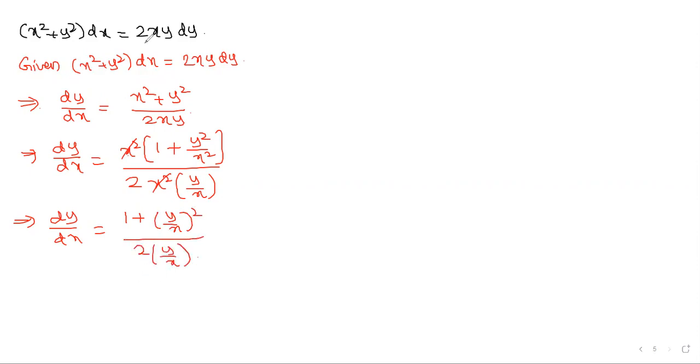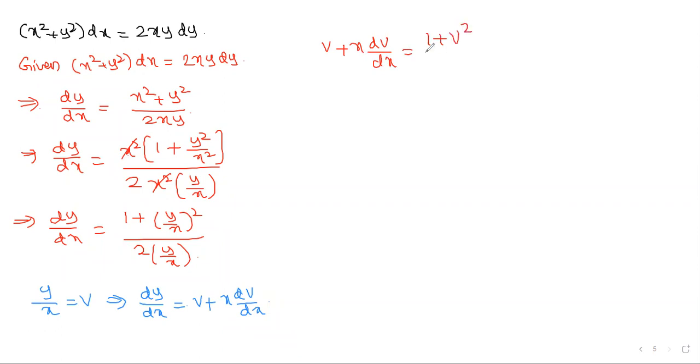Here we take y by x equal to v, and dy by dx is equal to v plus x into dv by dx. So in this one, we can substitute: v plus x into dv by dx is equal to (1 plus v square) by 2v.